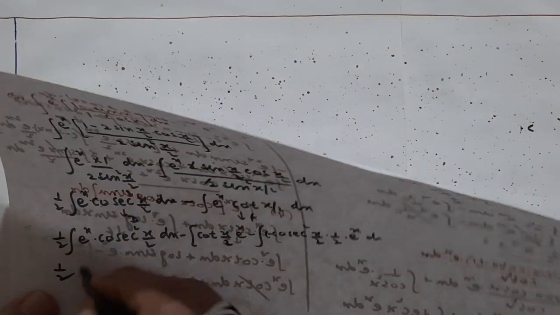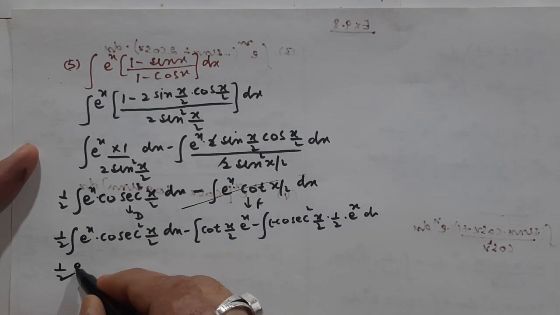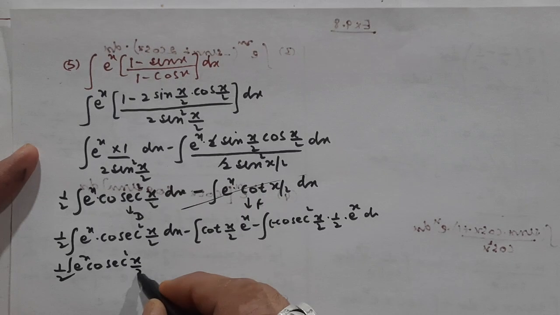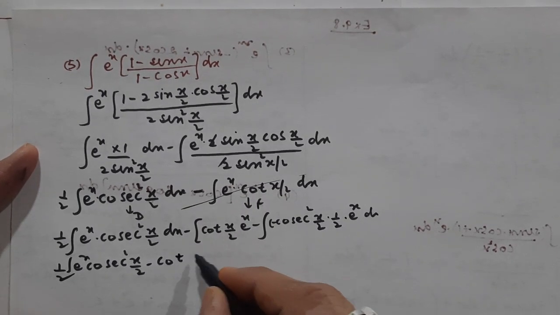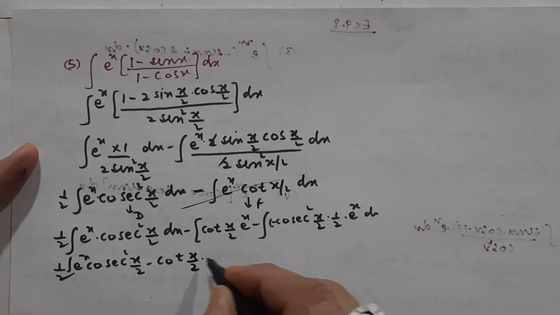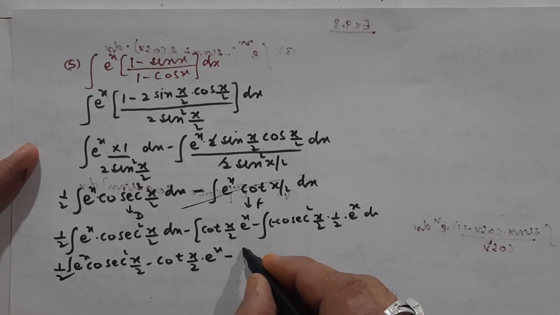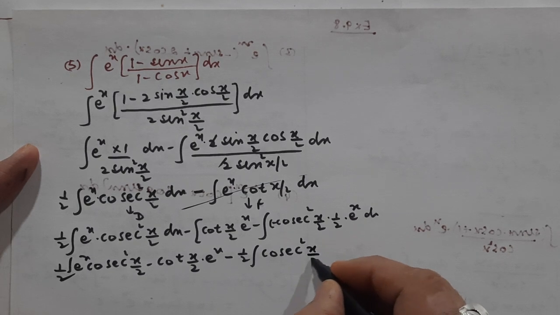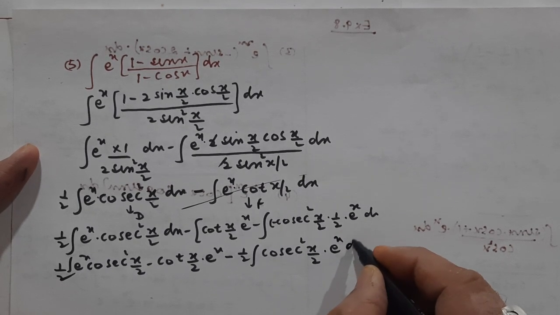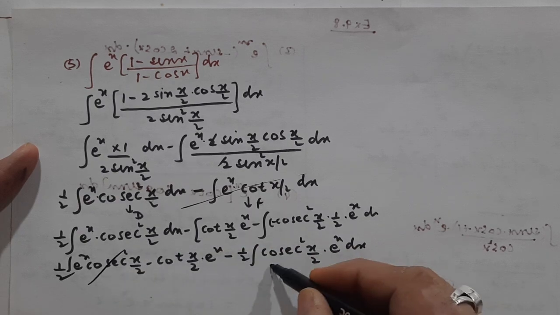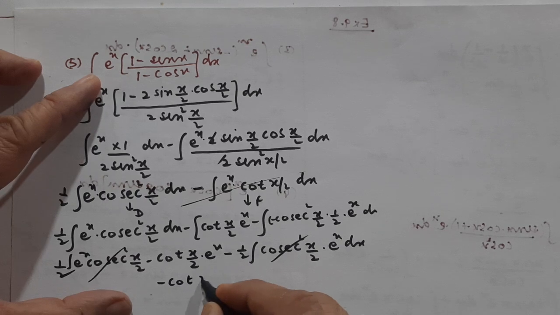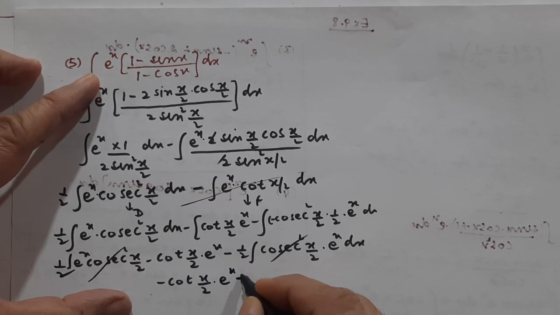Here we are getting 1 by 2 integral cosecant square x by 2 minus of cot x by 2 into e power x. Now here minus sign and minus sign, we get plus sign, and 1 upon 2 cosecant square x by 2 into e power x dx. So cancelling these two, we get minus cot x by 2 into e power x plus c is the answer.